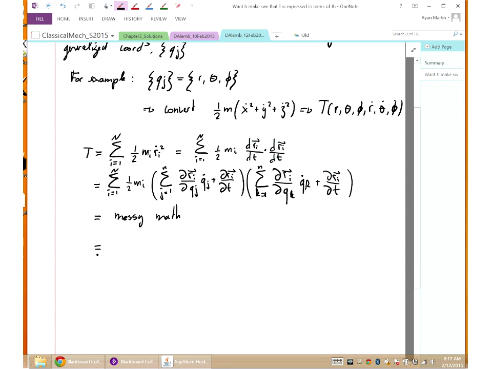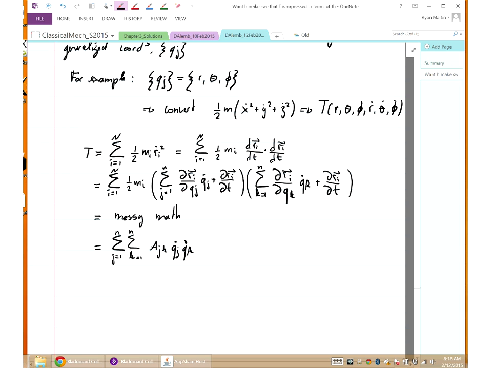But hopefully it's not too difficult to convince you that once you carry out this whole sum, you're going to end up with three types of terms. The first type is the sum from j equals 1 to n times the sum from k equals 1 to n of some factor, which I'll label a_jk, times q_j dot q_k dot.